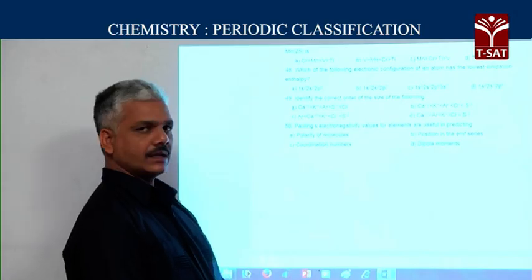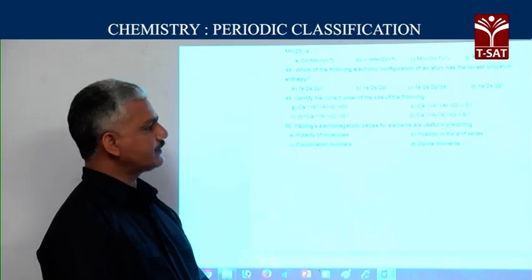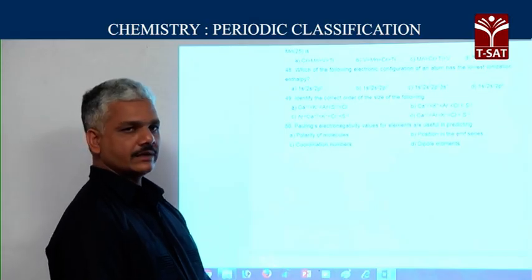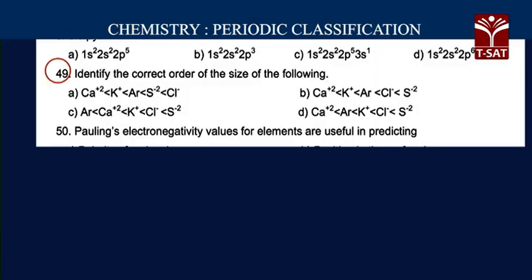In case of anions, with increase in the magnitude of negative charge, the anionic radius always increases. So, applying that concept, the correct option here is B. Ca+2 is the smallest one, then comes K+, next argon followed by Cl- and S-2.